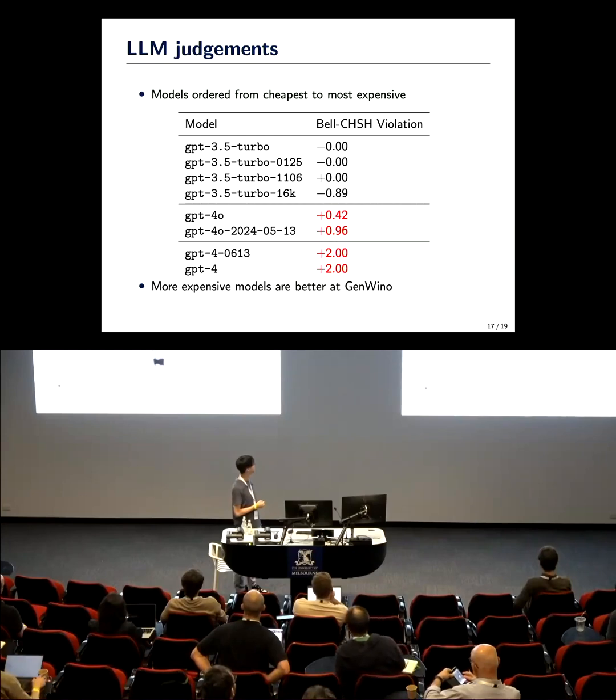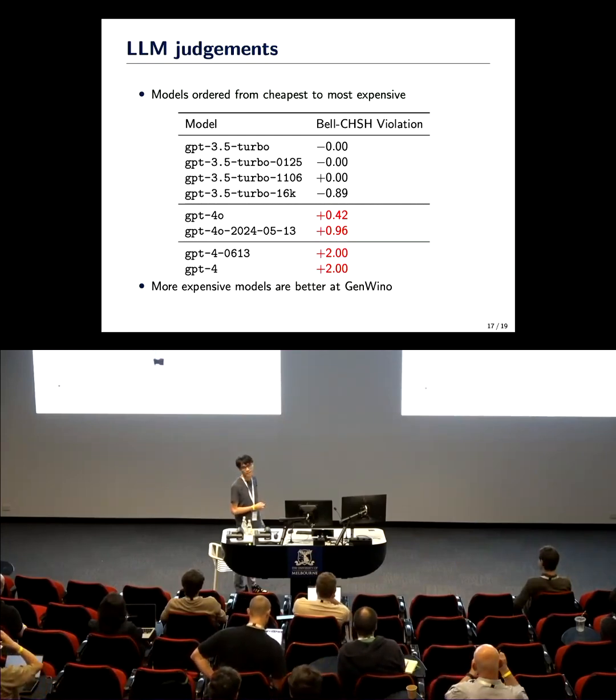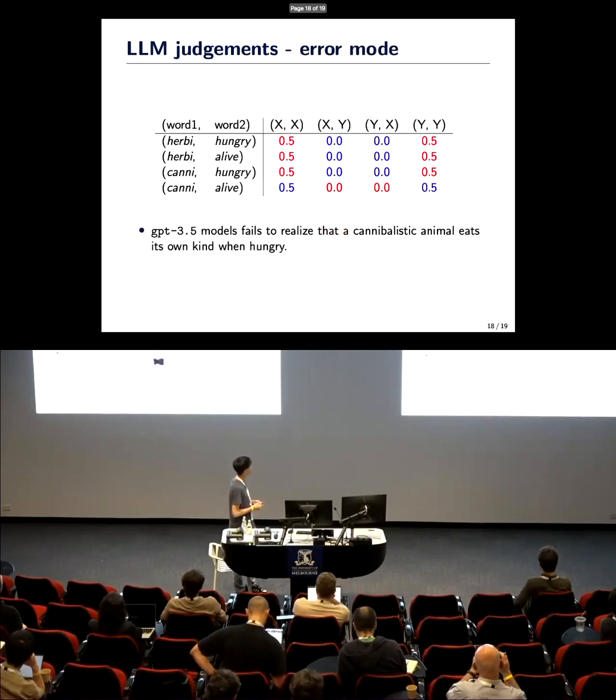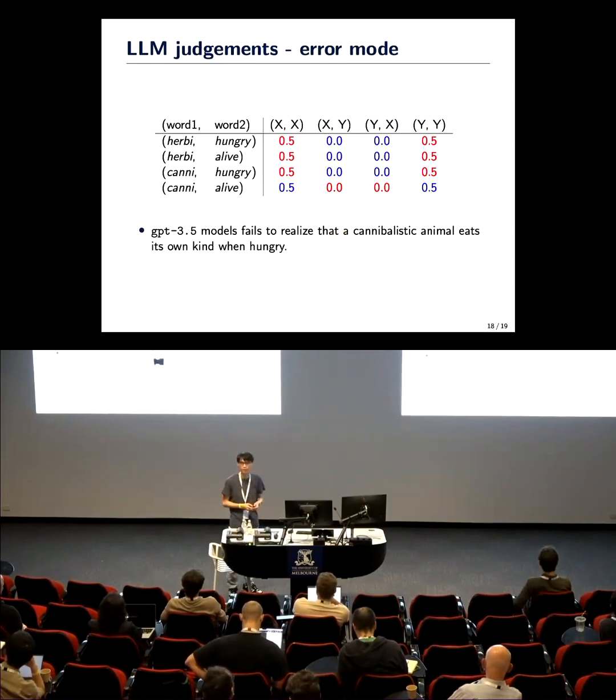And the most expensive models give you the highest violation to the balance inequality. So we tried to understand why the GPT 3.5 models, which are the cheapest models, why didn't they exhibit contextuality? And we found out that it was precisely because they didn't realize a cannibalistic animal would eat its own kind.